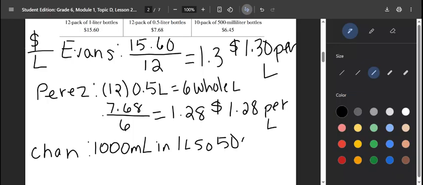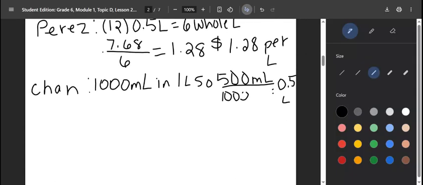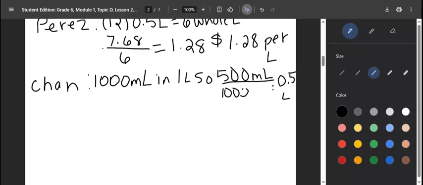So 500 milliliters divided by 1,000 is equal to 0.5 liters. So that's 10,000 milliliters, which is the same thing as 10 half liters.